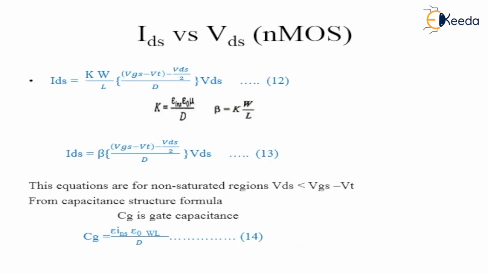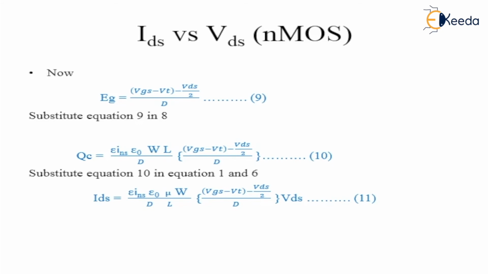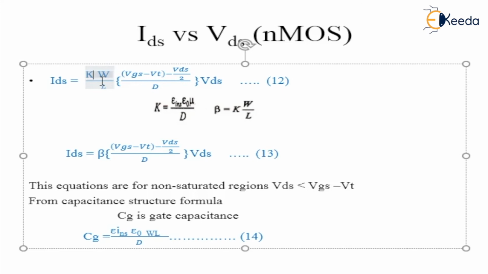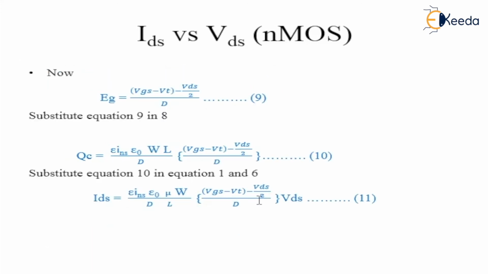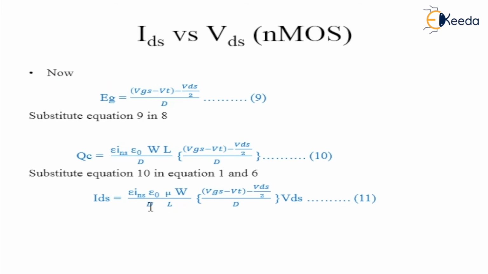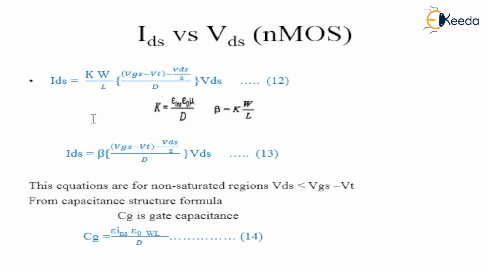IDS is equal to K into W by L into VGS minus VT minus VDS by 2 into VDS. How did this K come into existence? In the place of epsilon, mu and D, I substituted K here.